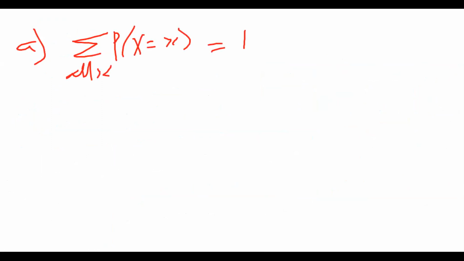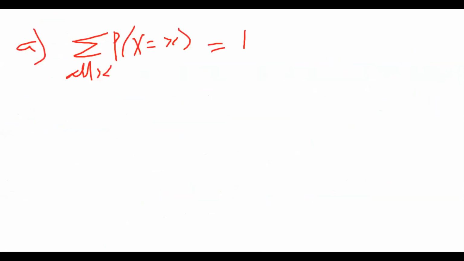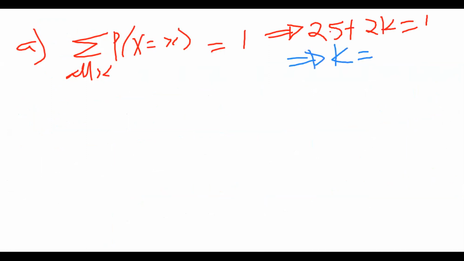Means that 2.5 plus 2k equals 1, which means our k equals to 1 divided by, you can just get the answer straight out.